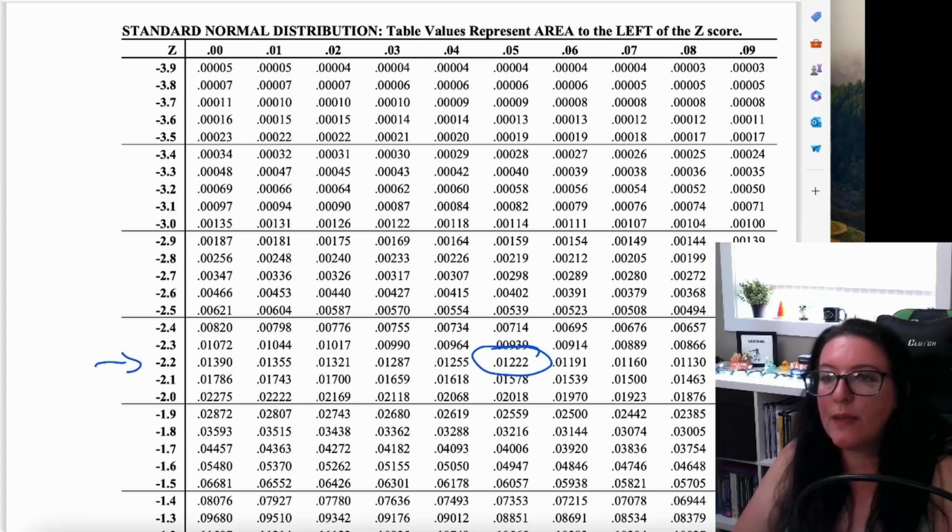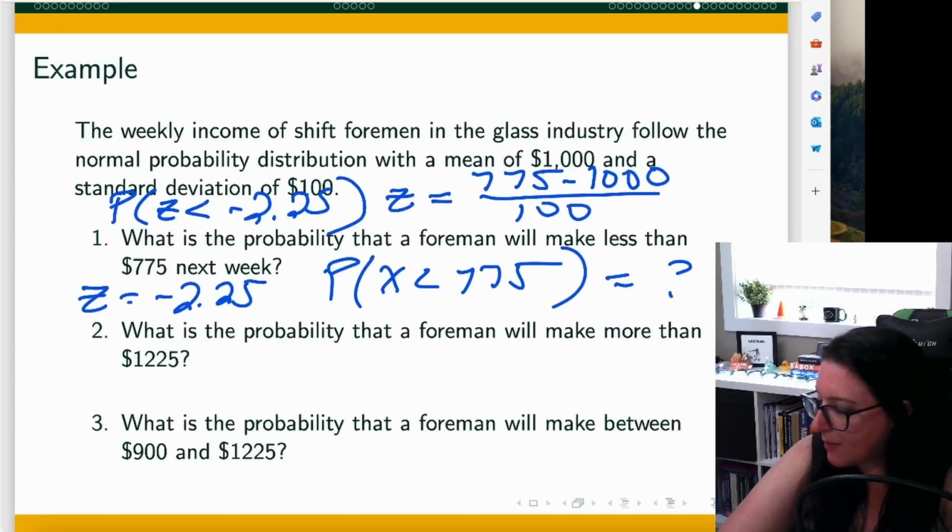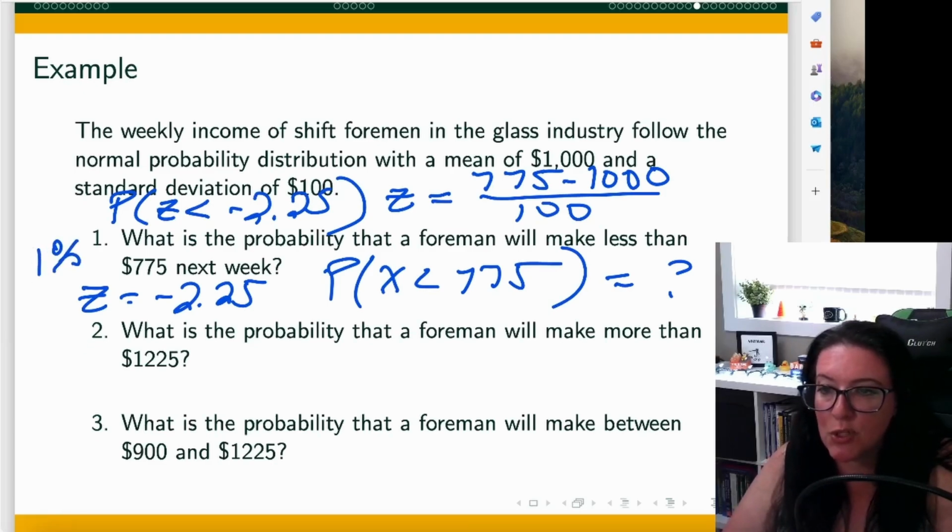So the probability that you are left of negative 2.25, which is less than negative 2.25, is 1.22%. So what is the probability that a foreman will make less than 775 next week? Well, that's that 1% we just looked up.